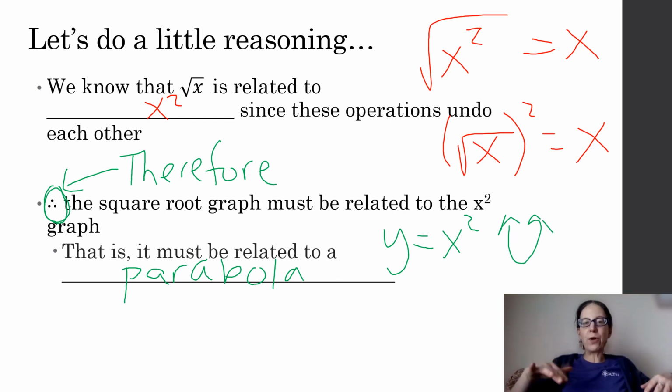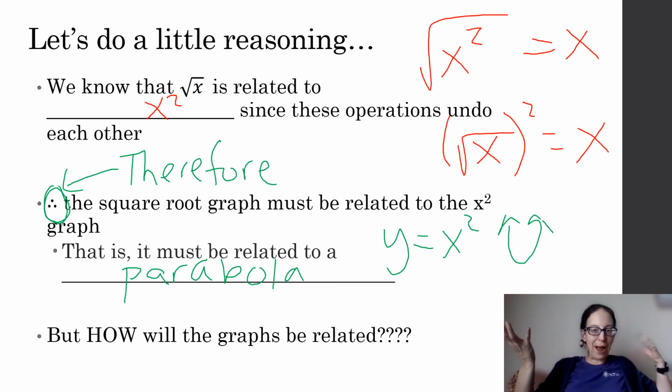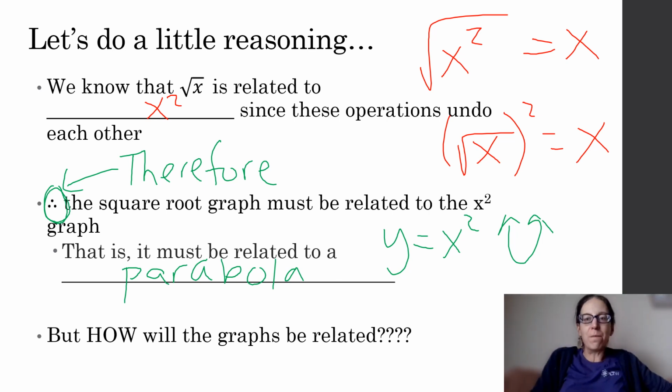So when I go to graph y equals the square root of x, I've got to get something that's related to a parabola. Because what's life without a little mystery? But how will the graphs be related? We just know that it's reasonable to expect that they will be related, but how they are related remains to be seen.